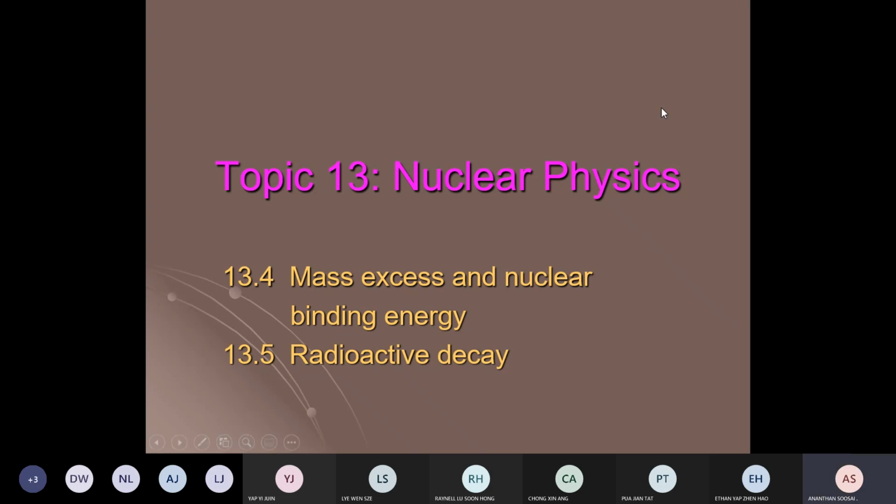Nuclear physics: you learned half of it in AS. You learned about the Rutherford experiment, how the atomic structure was developed, until you talked about the quarks, the fundamental particles.